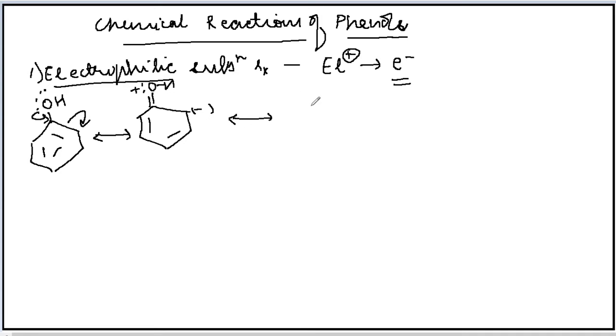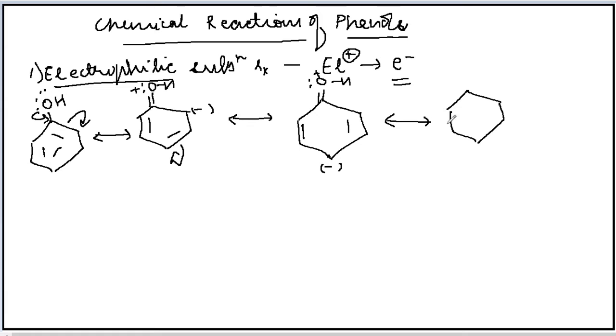So here you can see that the negative charge comes on which position? Ortho position. Here the negative charge at which position? Para position. Further, when electron delocalization occurs, here again the ortho position, and when the last delocalization occurs, you get your phenol back.